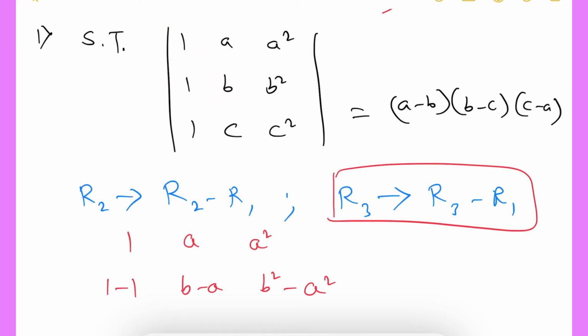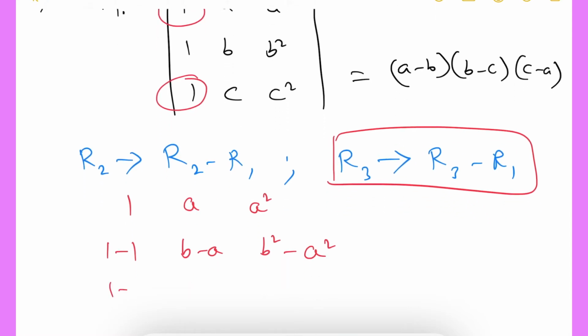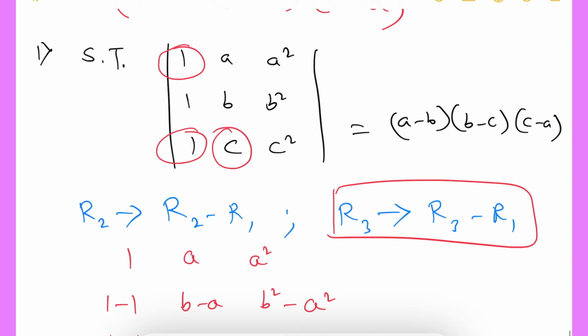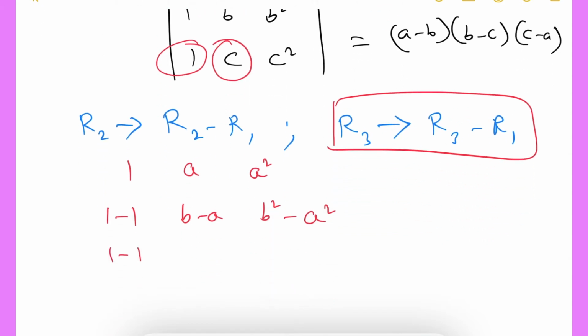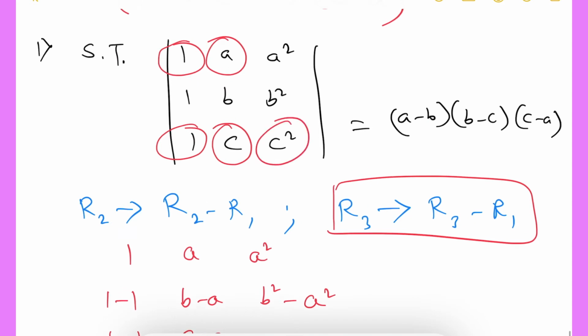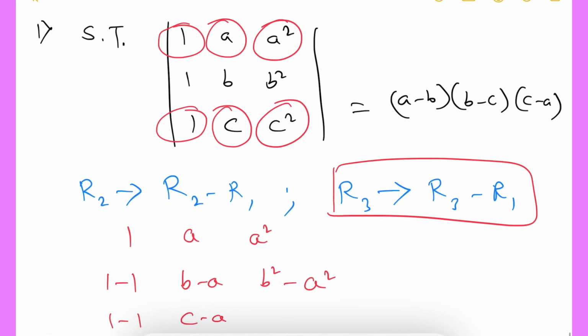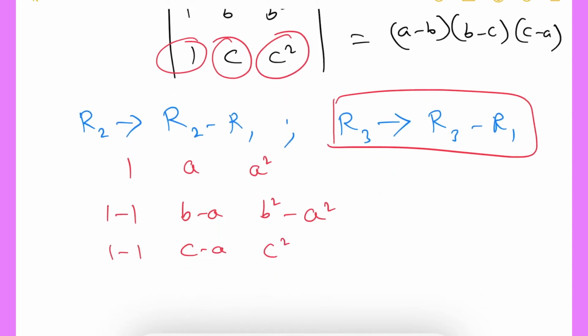What is the third row? R3 minus R1. So it will become 1 minus 1, then c minus a, then c square minus a square. So this is the modified matrix.